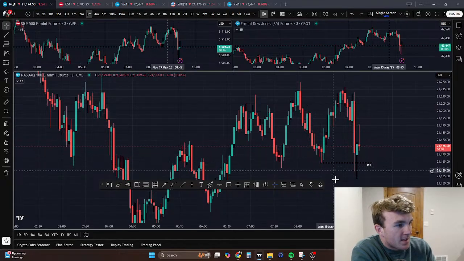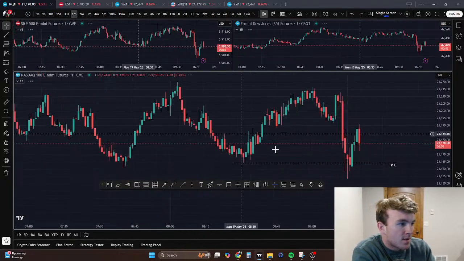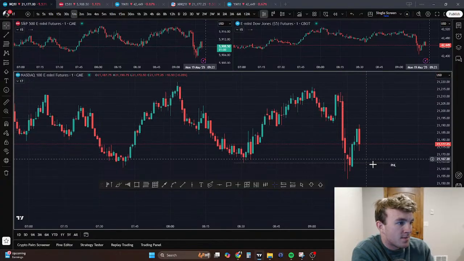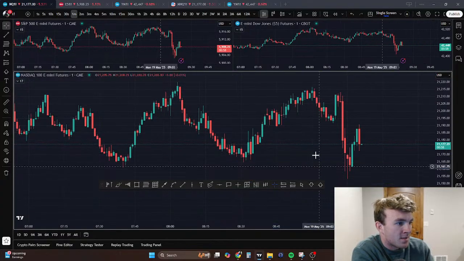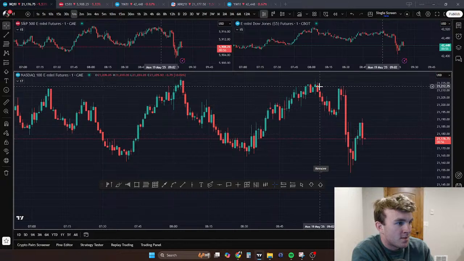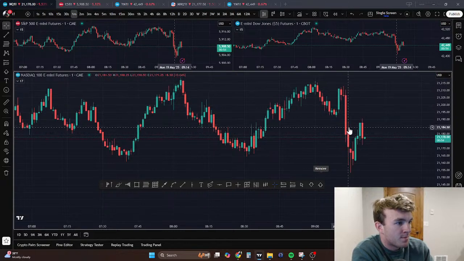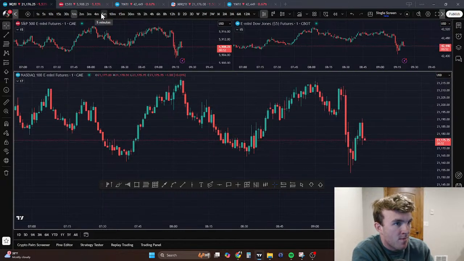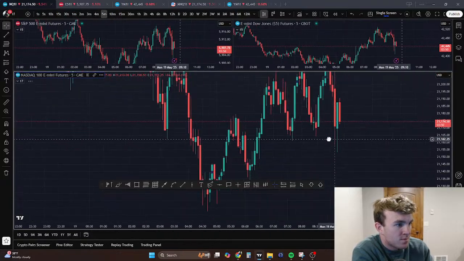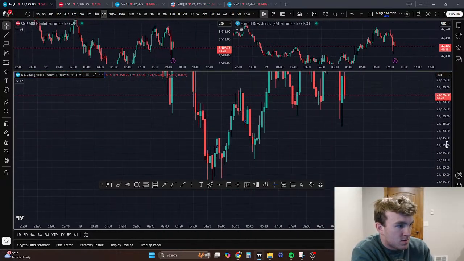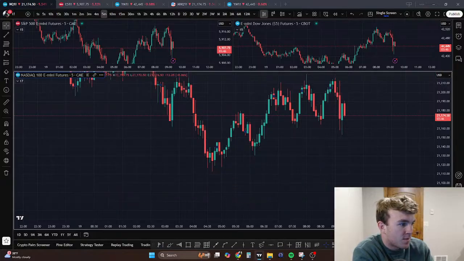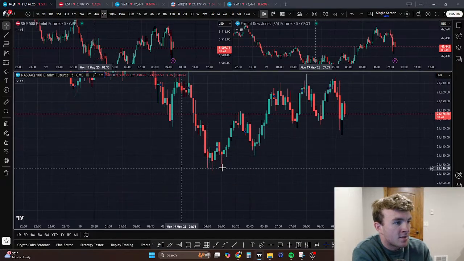If anything, it kind of looks like a 2022 where you get a sweep, break of structure, fair value gap. So market open might take us down to these lows.